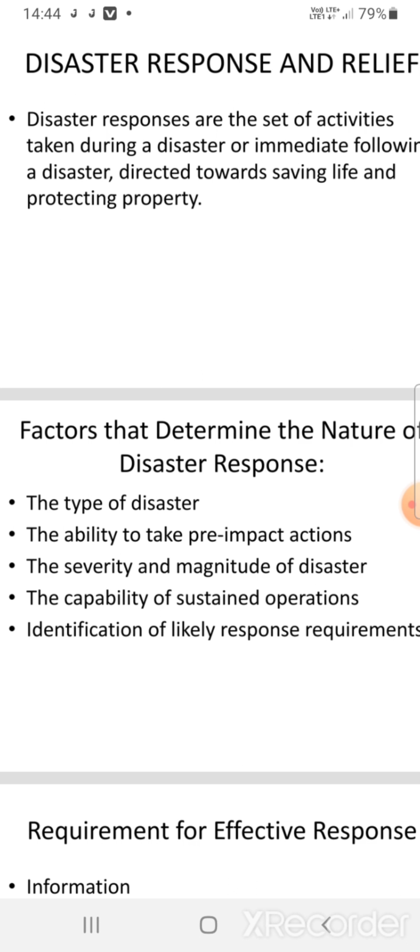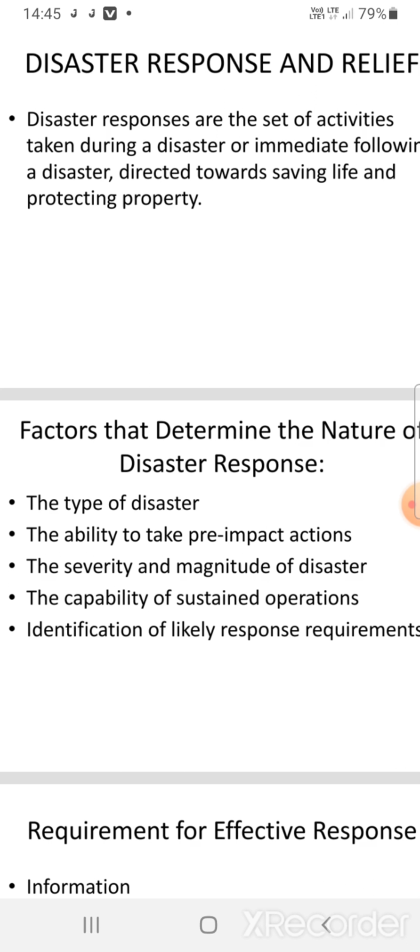Now the factors that determine the nature of disaster response is something else. That is, it will depend upon the type of the disaster, the ability to take pre-impact actions. By the term pre-impact actions, it means before the impact occurs, you have to make some actions. It will prevent the outbreak of the disaster, or the enhancement of the disaster, if the actions are taken before the impact of the disaster, though the disaster is on the way.